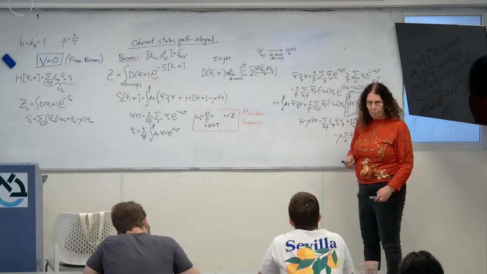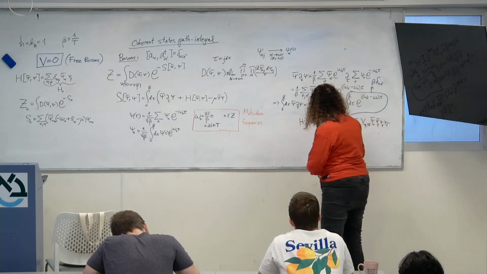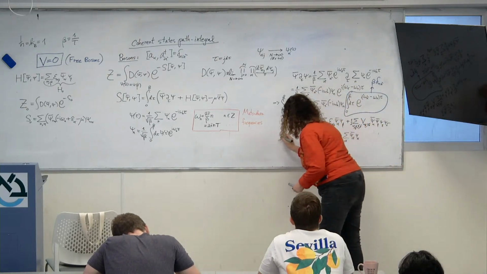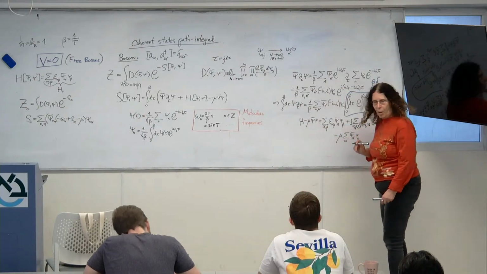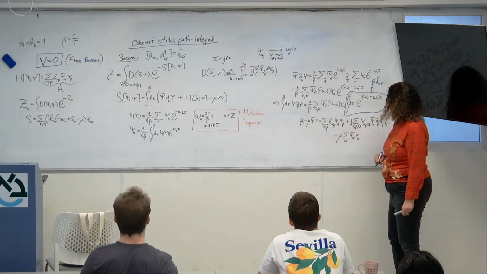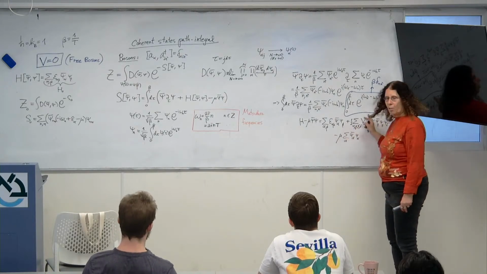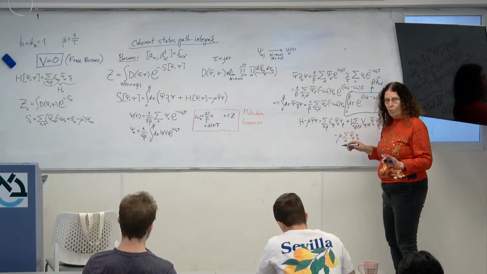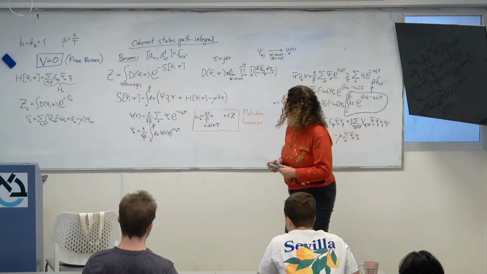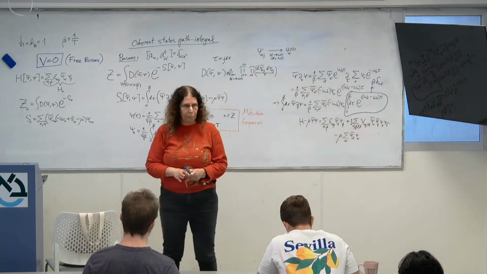Okay. So if I take a term, it's exactly the same calculation. It will be less trivial for the interaction term. That's why I'm focusing now on the free boson case, okay?